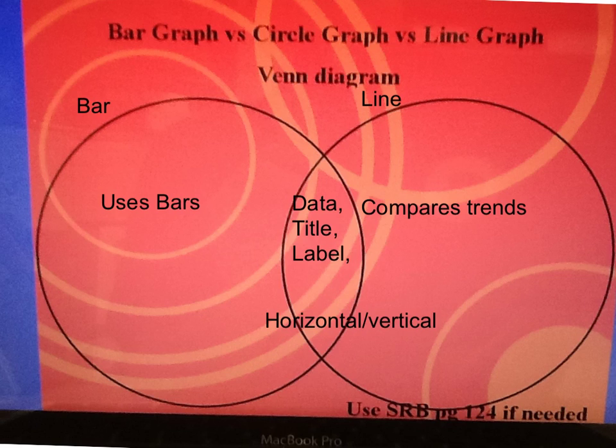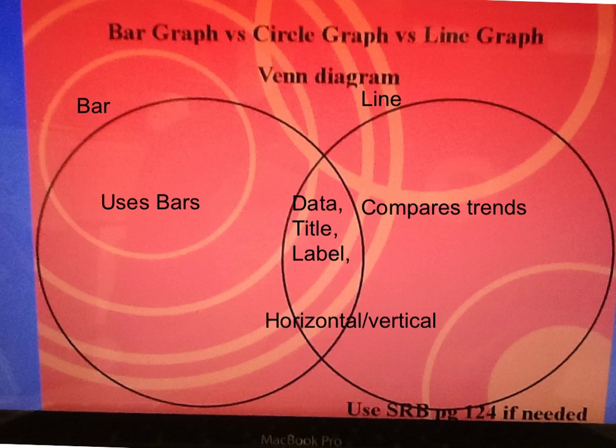Using a Venn diagram is a great way to show how things are similar and how they are different, or comparing and contrasting. In this Venn diagram, I'm really looking at bar and line graphs. Bar graphs often are using bars to represent their data. However, line graphs compare trends. You've heard me talk about trends already.